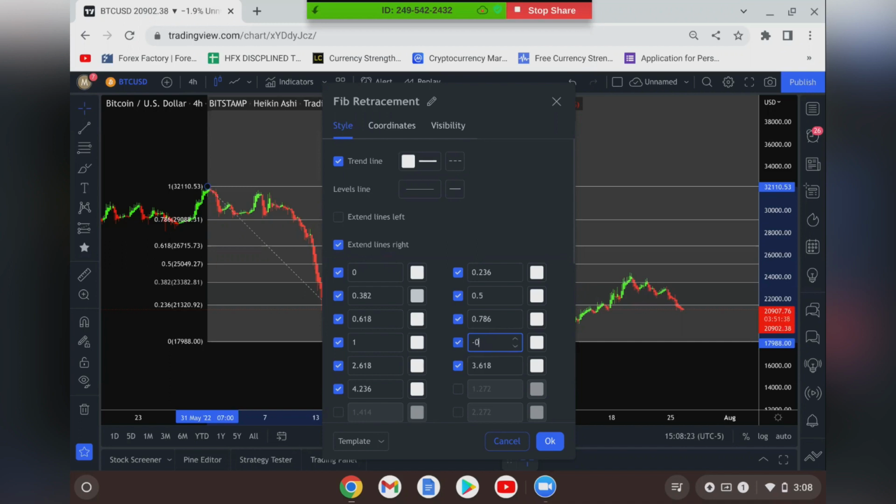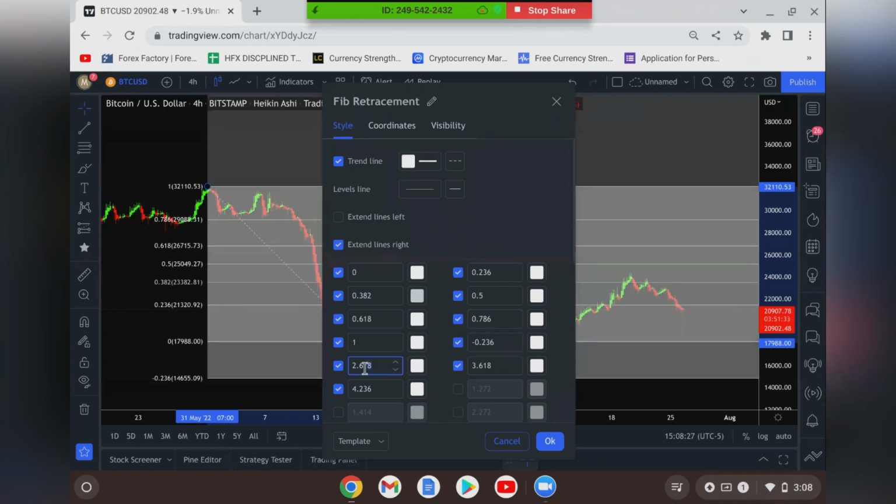0.236. And then this next one we are going to change to negative 0.382. And then the next one we're going to change to negative 0.5.